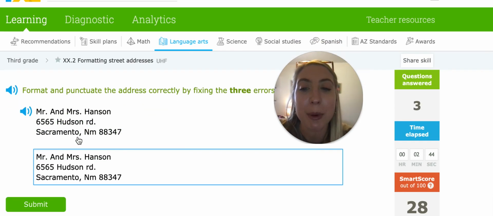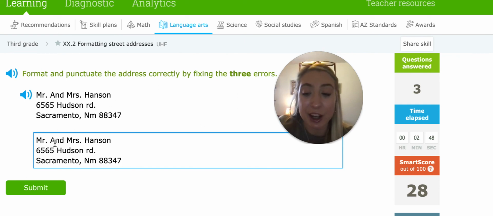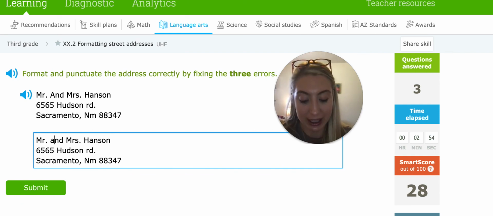Good. So just remember as we're going through it, the names are capitalized and the conjunction between the names doesn't need to be capitalized because it's not a proper noun. The proper noun is the names of the people. And then we have the street, the house number, and then the street name. And then we don't forget the road that has to be capitalized.